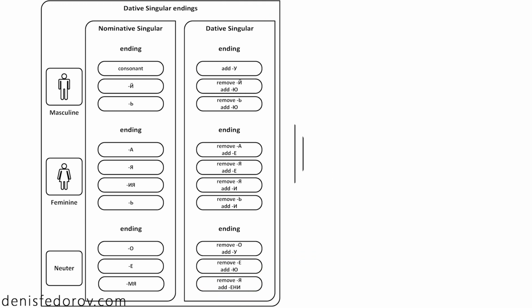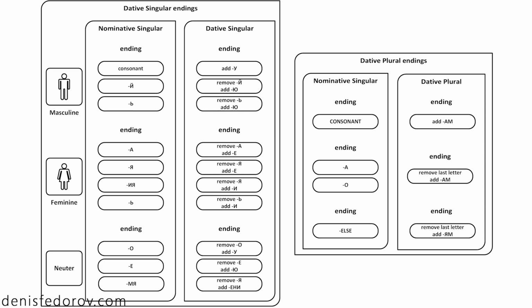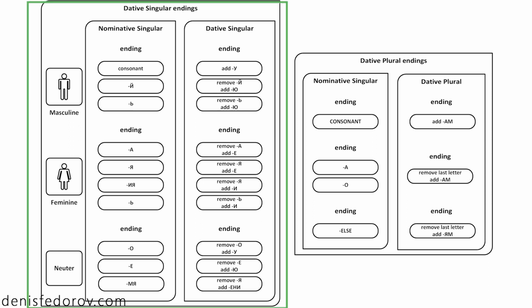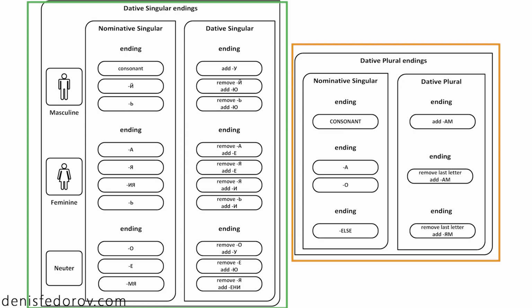So there are like 2 sets of rules for each case because, as we talked before, all this cases stuff is not only about cases, but also about a gender and a number. So the dative singular rule will look this way. And for the plural form, as there are no genders in plural form, the rule looks this humiliatingly simple.